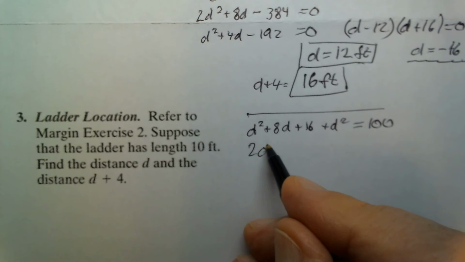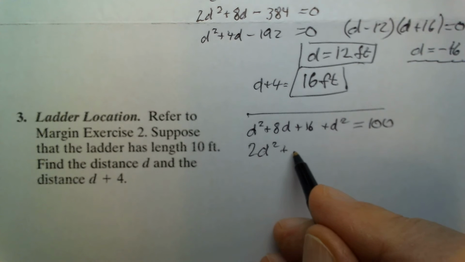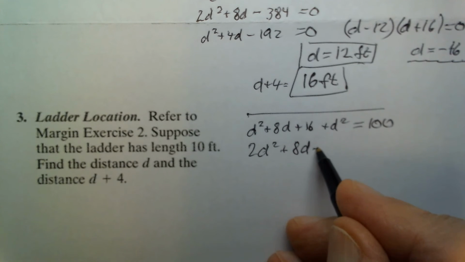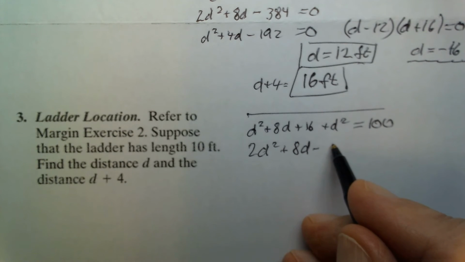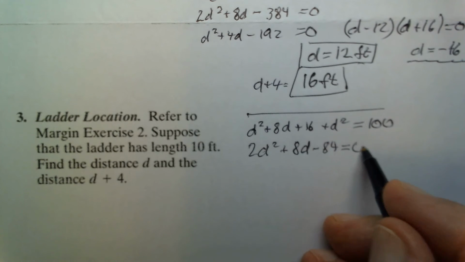or 2d squared plus 8d minus 84 equals 0.